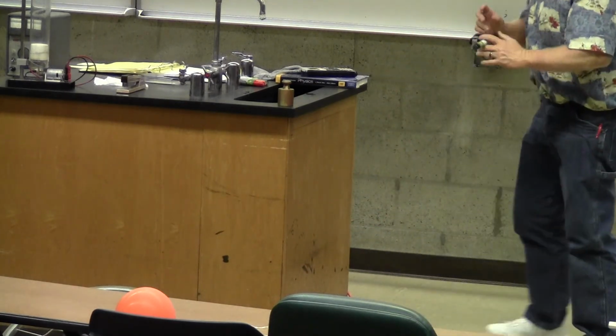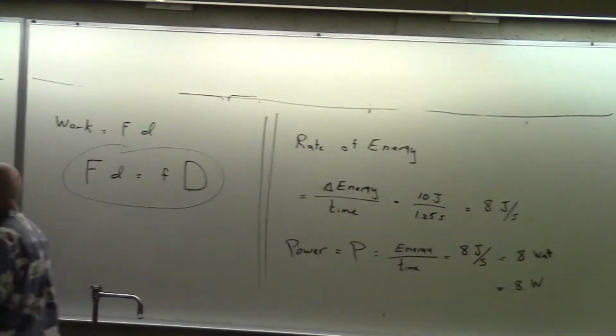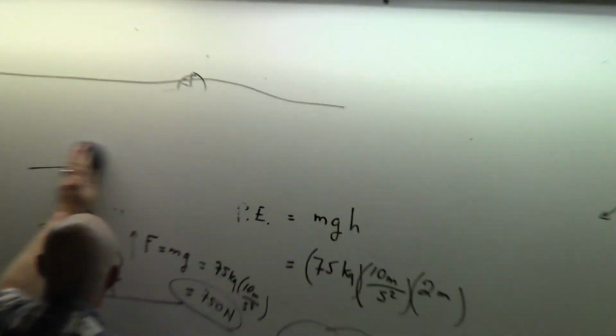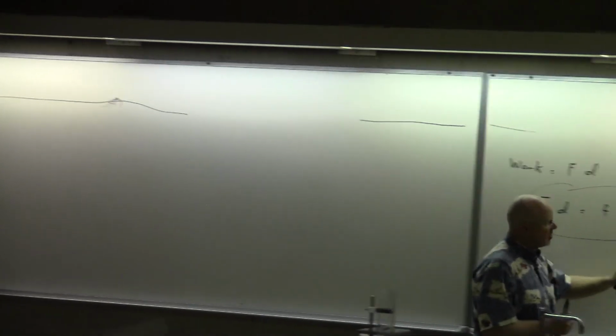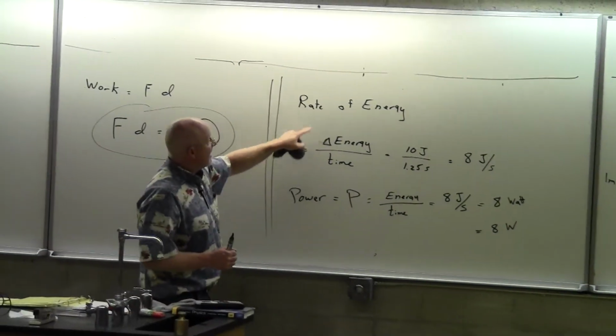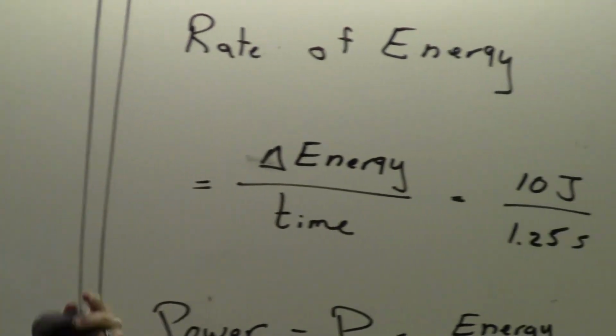Or I could pick it up quickly, and it only takes me 0.5 seconds. But whether it takes me 2 seconds or 0.5 second, I am giving it 10 joules of potential energy. And so quickly or slowly doesn't change the amount of energy, but it does have a different rate.